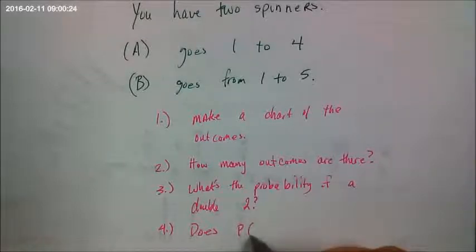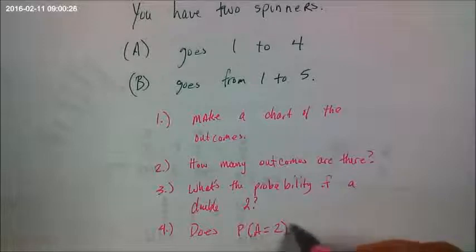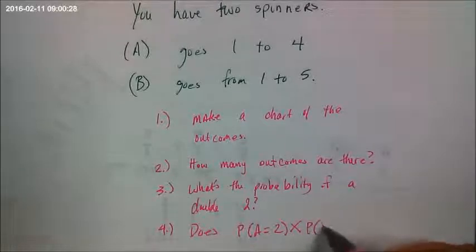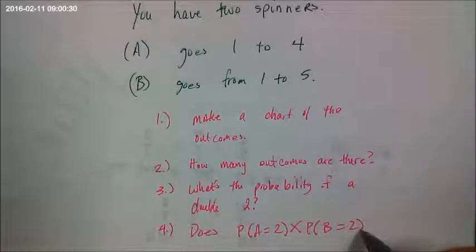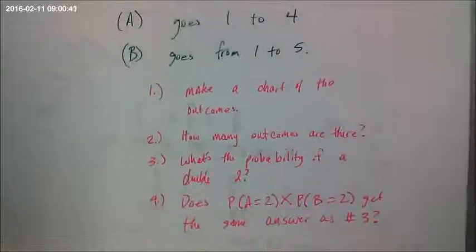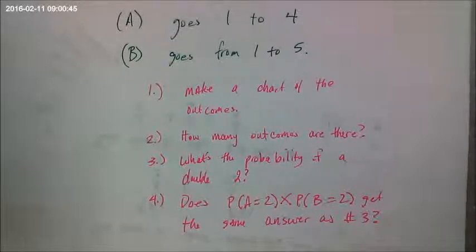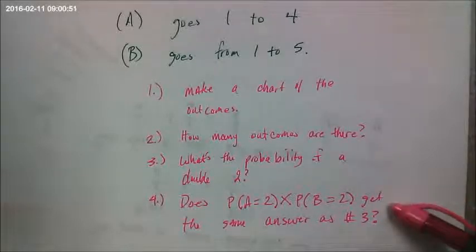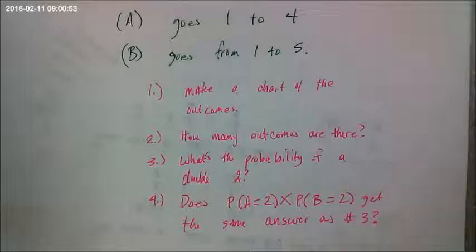Does the probability that spinner A equals 2 times the probability that spinner B equals 2 get the same answer as problem number 3? This one's weird, but it's not too bad.